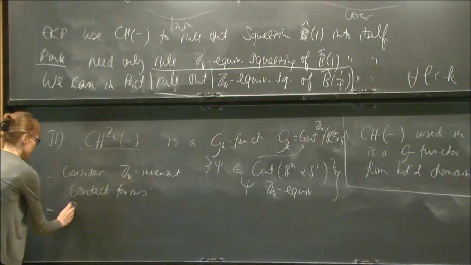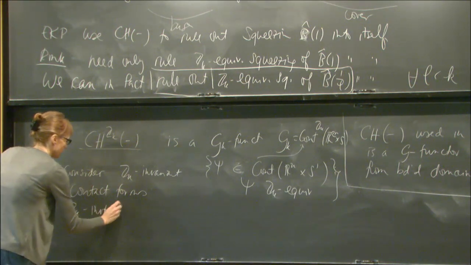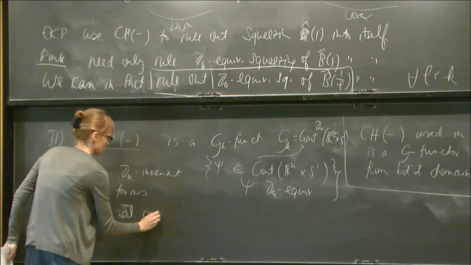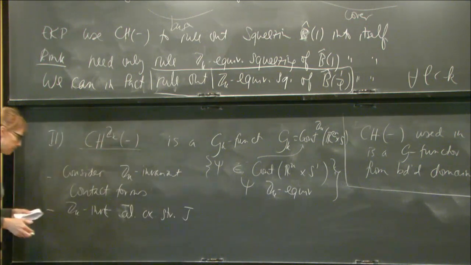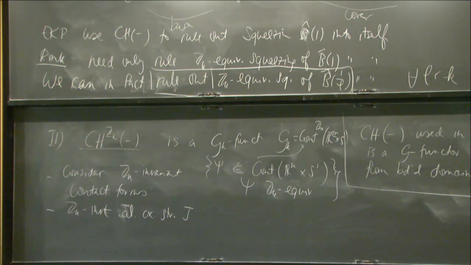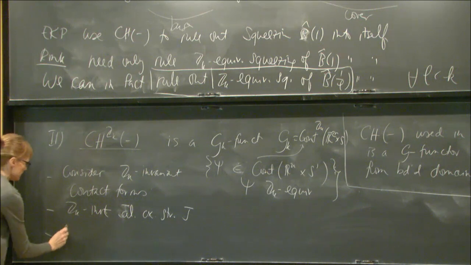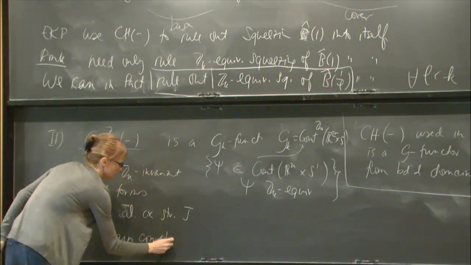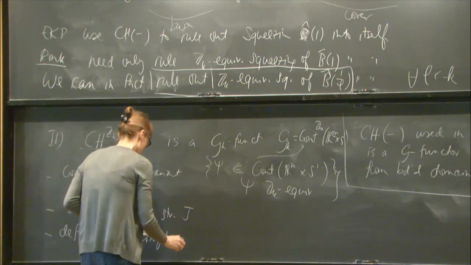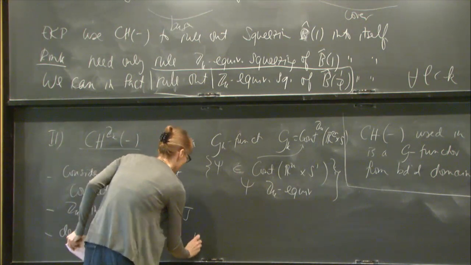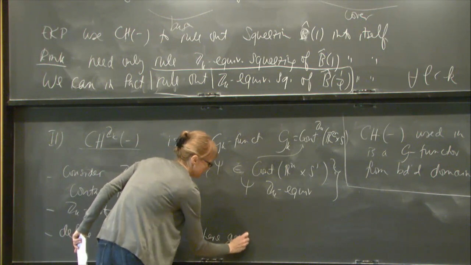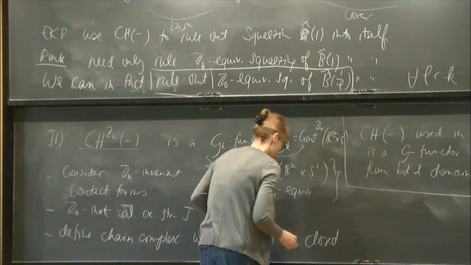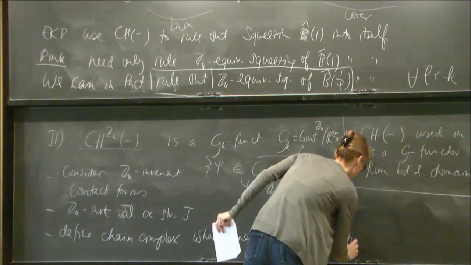And we use ZK invariant almost complex structures. And as before, we define a chain complex where the generators are closed non-degenerate Reeb orbits.